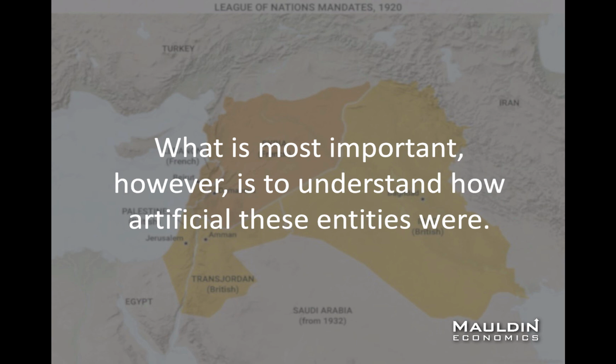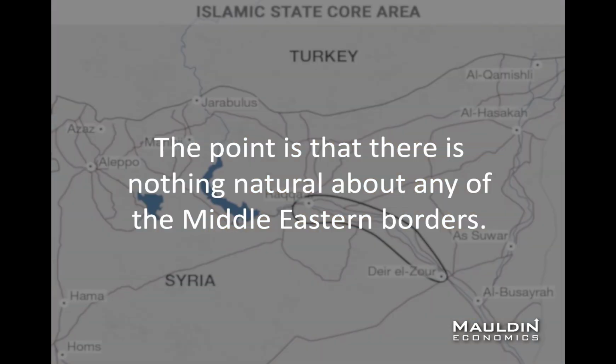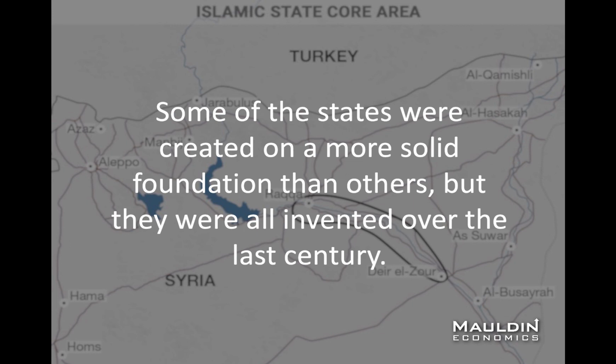These borders continue, for the most part, today, and they really don't take into account the various ethnic groups that the borders simply cut aside. So the point is that there is nothing natural about the boundaries in the Middle East. Some of the states were created on a more solid foundation than others, but they were all invented over the last century.